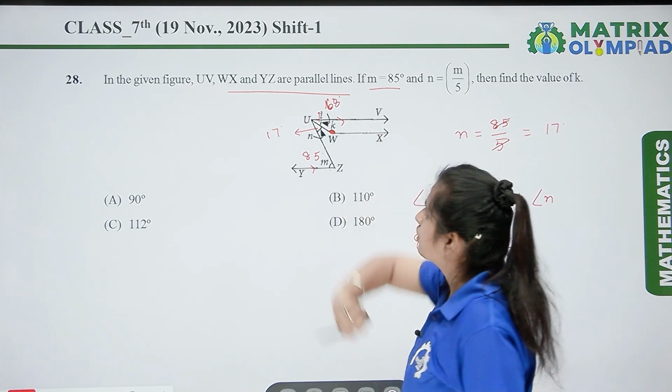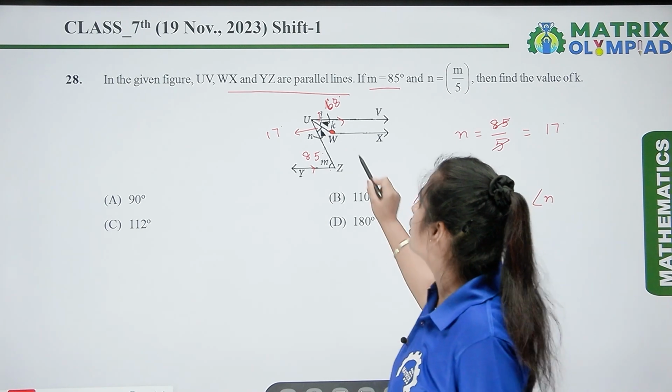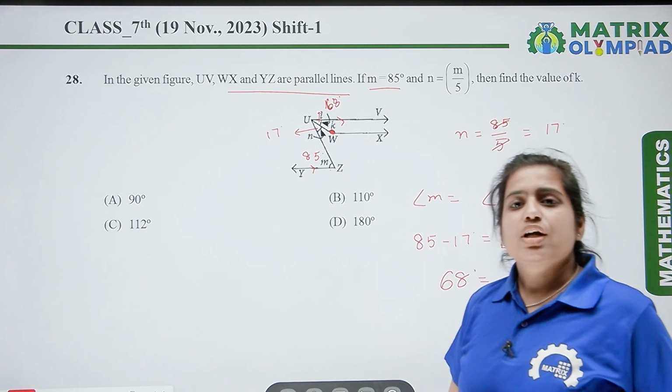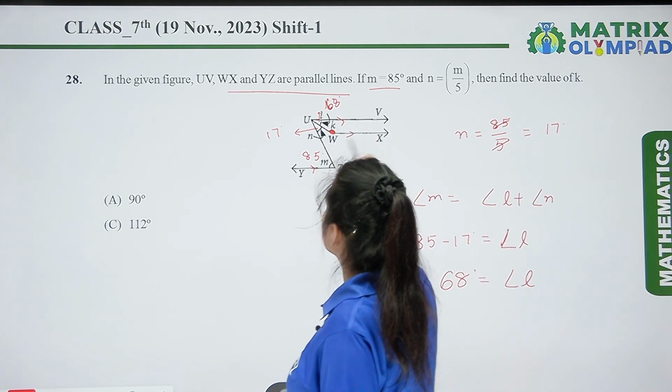So the value of angle L is 68 degree. Now what we have to find out? We have to find angle K. So to find angle K, we have WX parallel to UV.